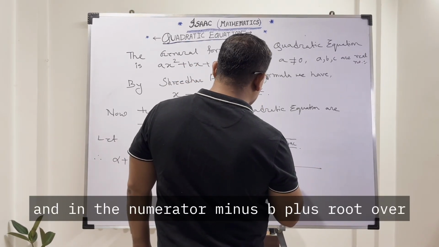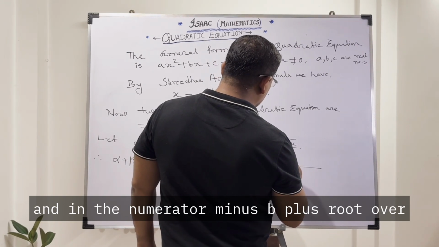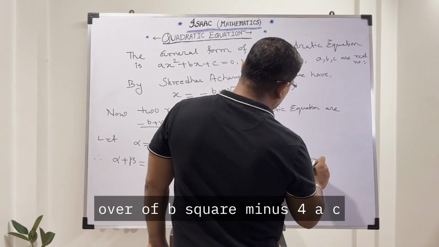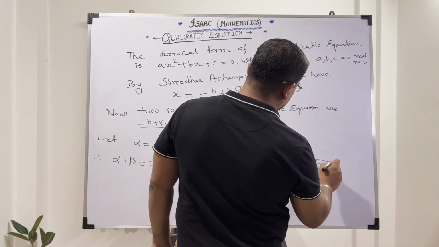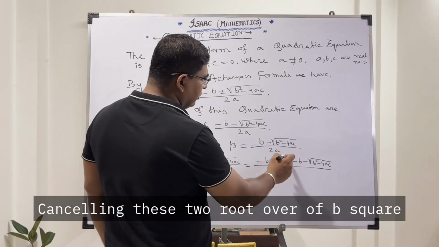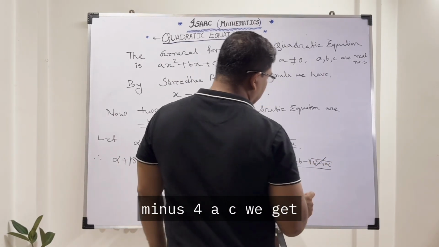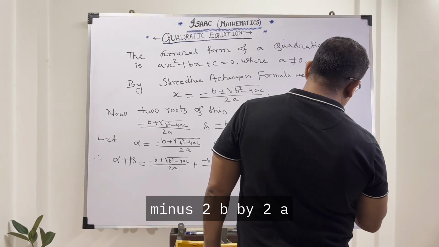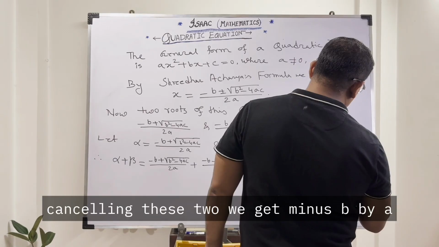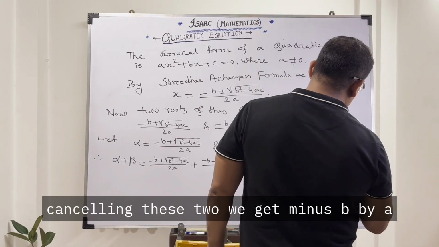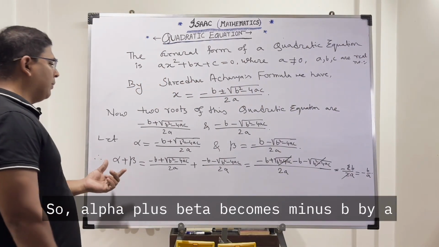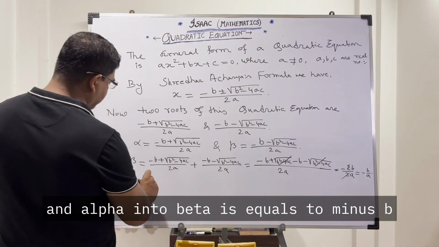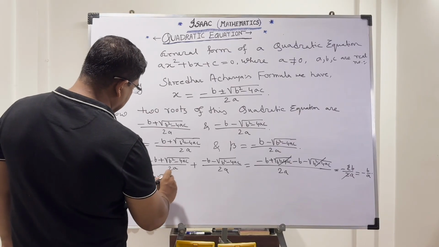And in the numerator, minus b plus root over of b square minus 4ac minus b minus root over of b square minus 4ac. Cancelling the root over of b square minus 4ac, we get minus 2b by 2a. Cancelling these two, we get minus b by a.